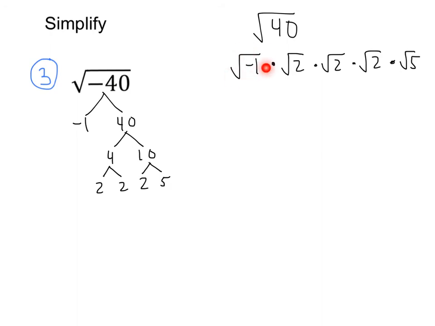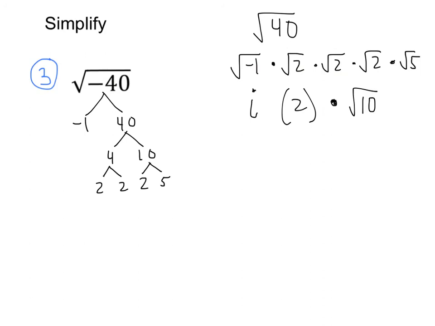All right? Square root of negative 1, that, by definition, is the number i. Right here, square root of 2 times the square root of 2, by definition, that has to be 2. And then right here, radical 2 times radical 5, using the multiplication property, that would just simplify to be radical 10.